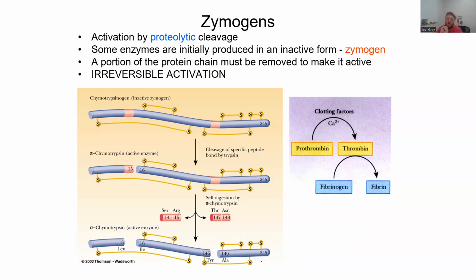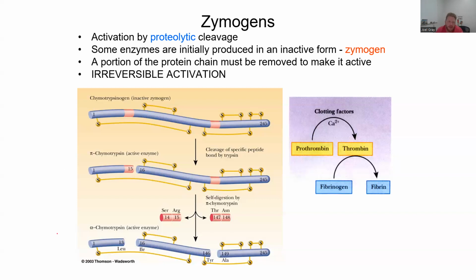Zymogens are proteases that get activated by proteolytic activity or proteolytic cleavage. So some enzymes are initially produced in an inactive form known as a zymogen. A portion of the protein chain must be removed to make it active. This is an irreversible action.